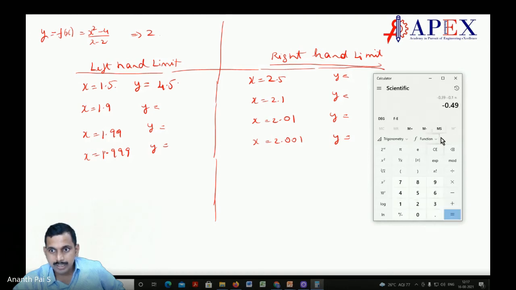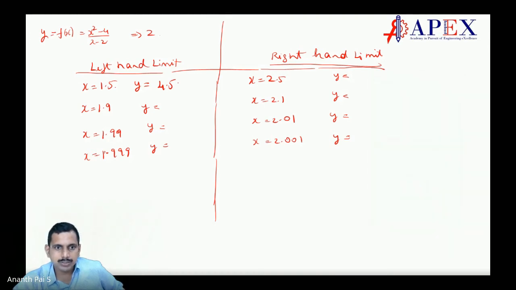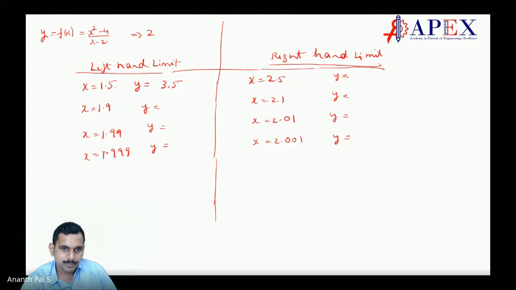You tell me, students, what we get here. This is 3.5, is it? Yes, sir. Right. What is the second one? First one is 3.5. Keep on telling me these numbers. 3.9.